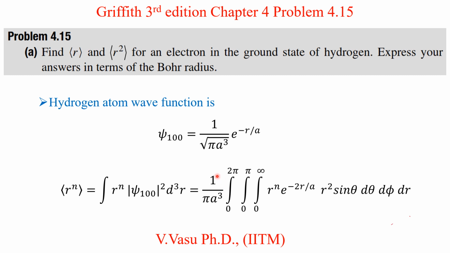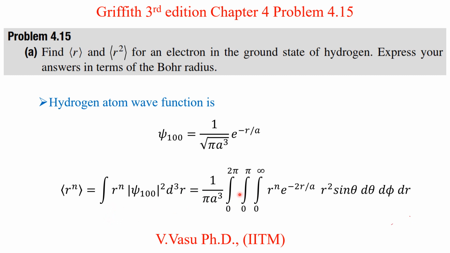If you take the square of the wave function, this constant 1 over pi a cubed will come, and the square of the exponential term is e power minus 2r over a. This r power n I have kept as it is.